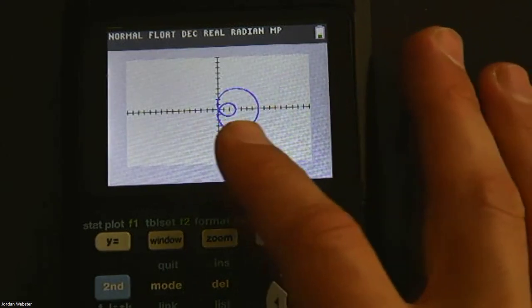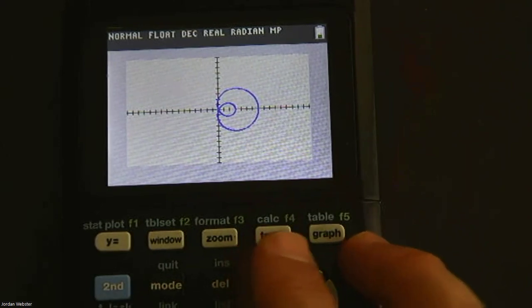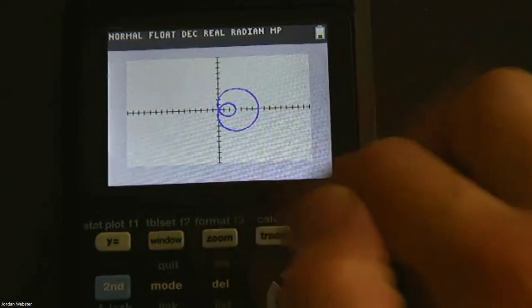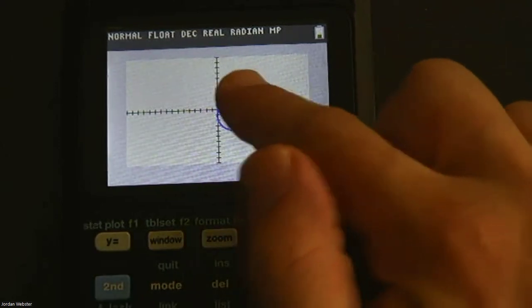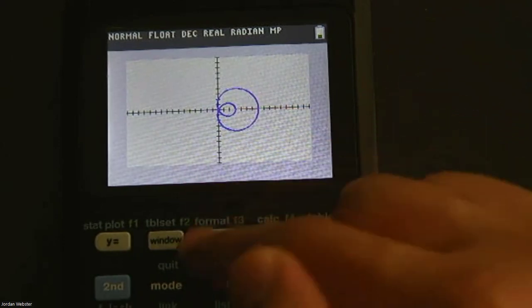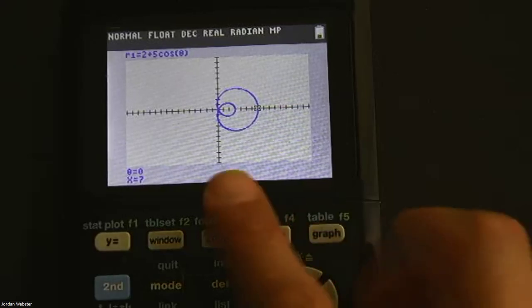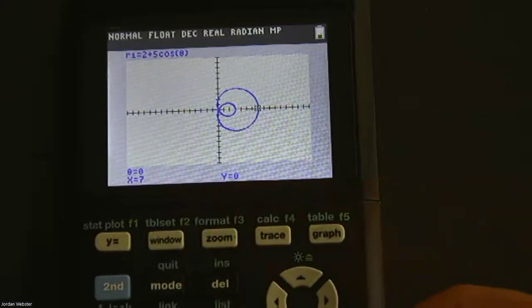In any case, this is how we can graph various polar equations and then use the trace feature to see either where it crosses over itself or where it is at specific points. So angle 0 gets me there.